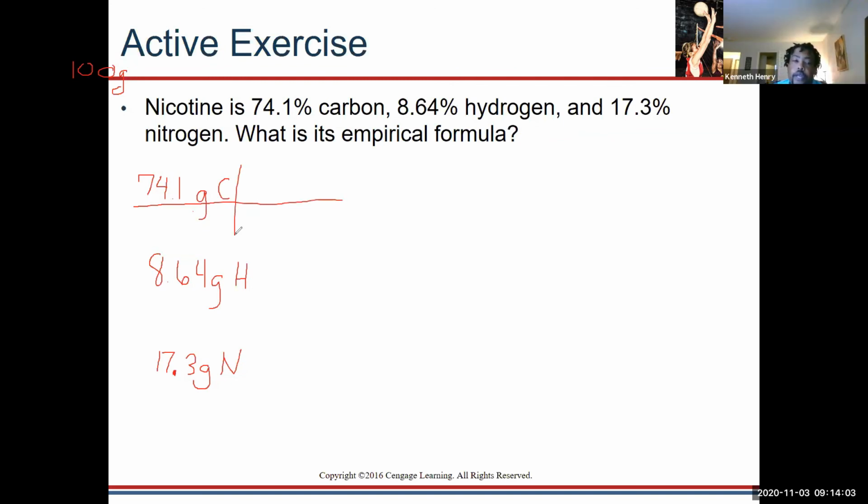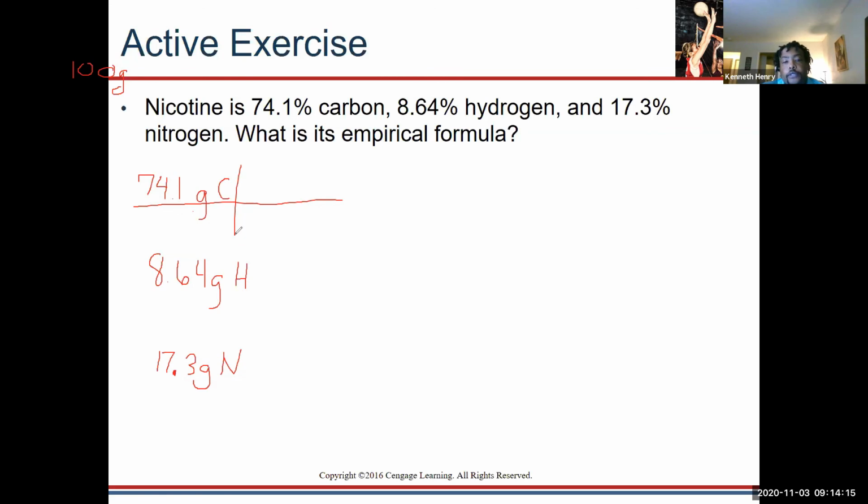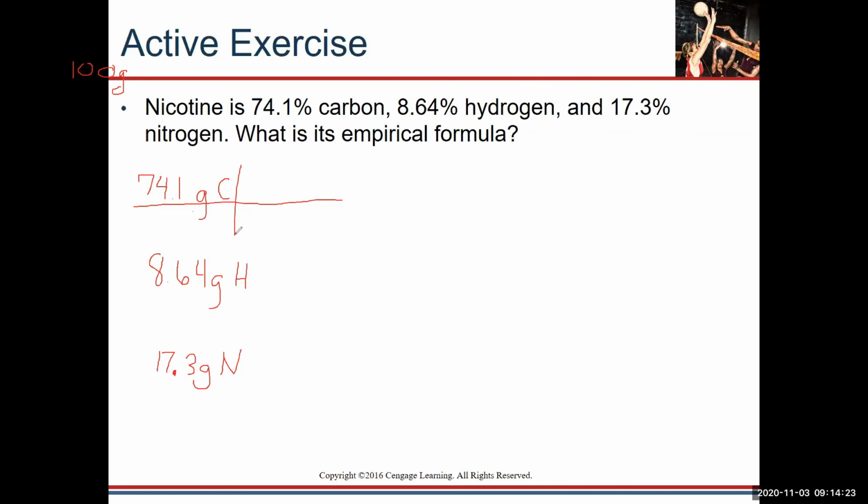So what am I going to do next? Change it into moles. So how do I change it into moles? Divide by the molar mass of carbon, which is 12.